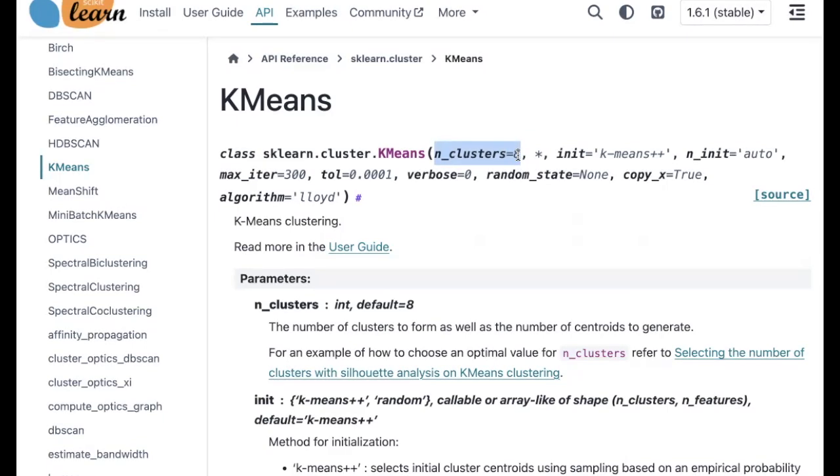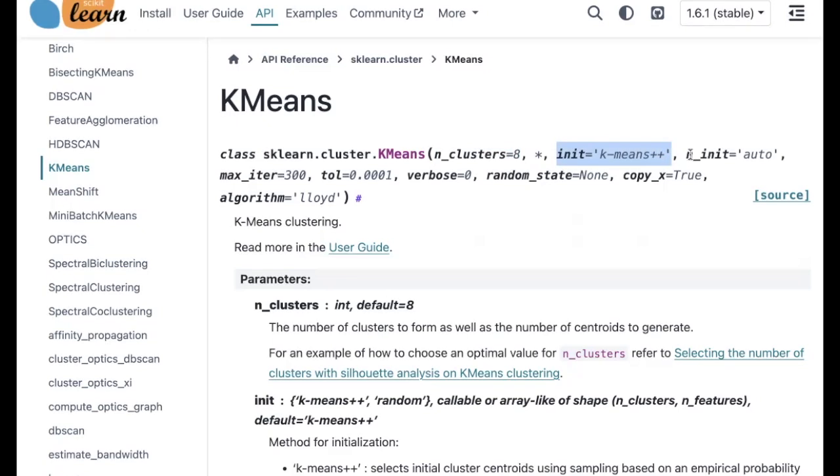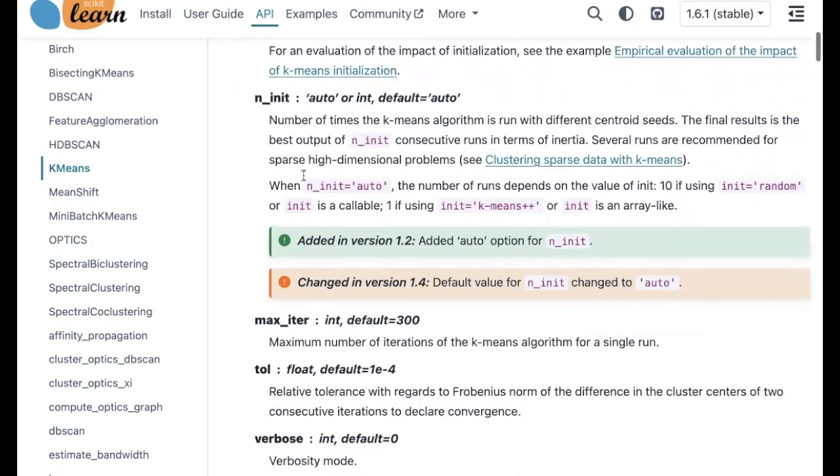By default it is 8, but again, this is probably not a good choice for many problems. We also have the way that we can initialize this k-means clustering algorithm, and I'm going to talk a little bit about this. And there is the maximum number of iterations, how many times you want to update Z and M in that order. You can see that there are a couple of other options too.